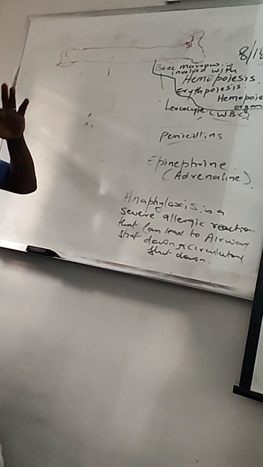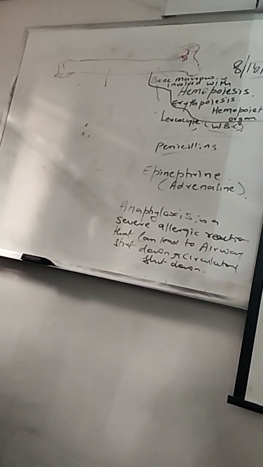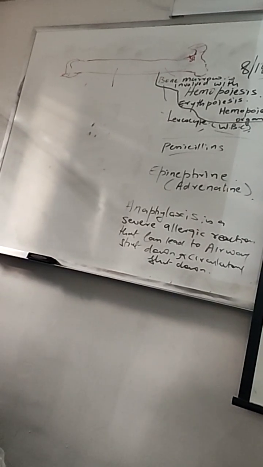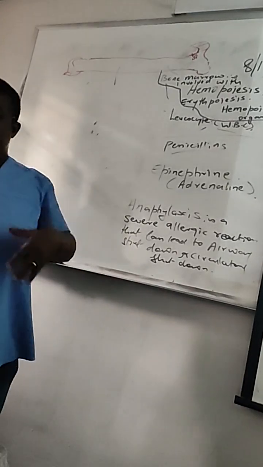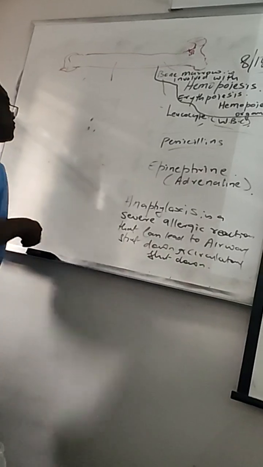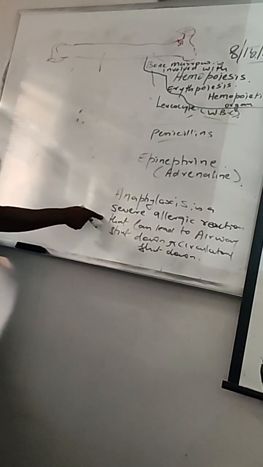So once you've escaped that area, it goes down, and the parasympathetic, which is for rest and digest, will take over. So it will reduce the heart rate. Its effects are opposite. So let me explain. Epinephrine, wonderful. Why? It has 2 effects.